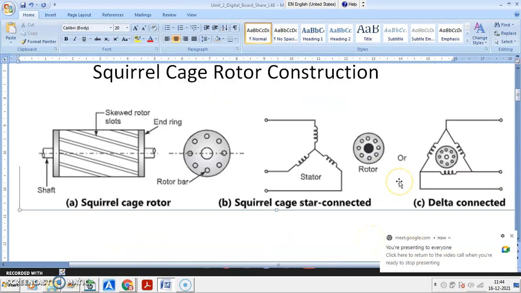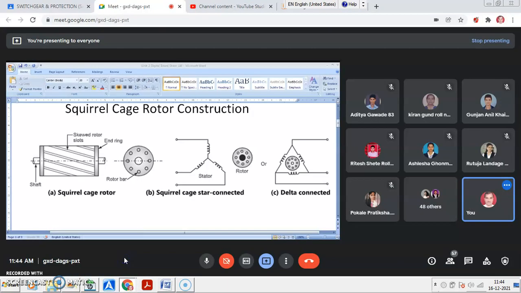You can have rotor construction, squirrel cage rotor construction. So in squirrel cage rotor construction, here you are having the rotor shaft, end rings and rotor bars, skewed rotor bars.